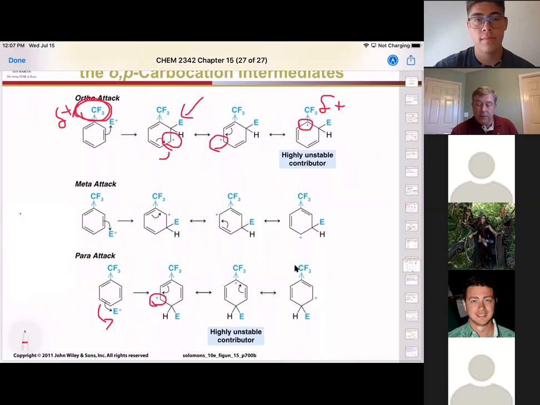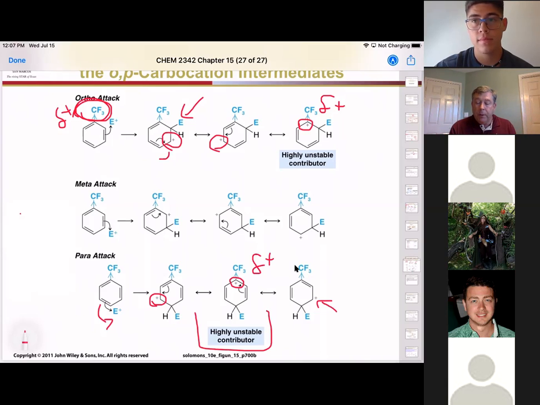And by resonance contribution, we're going to end up with that positive charge next to our partially positive substituent. And then it has to go back and move away from that partially positive substituent, meaning that this is also a highly unstable contributor because we have a positive charge next to a positive or partially positive charge, giving us a repulsive effect, meaning it's less stable than the other two contributors.